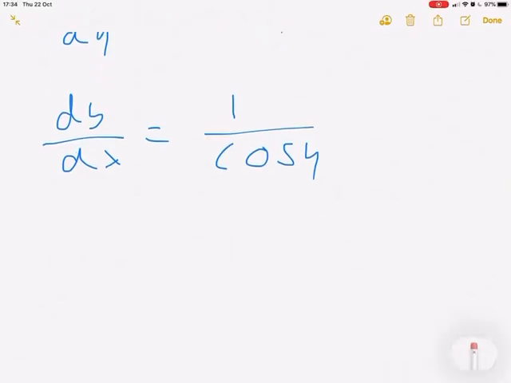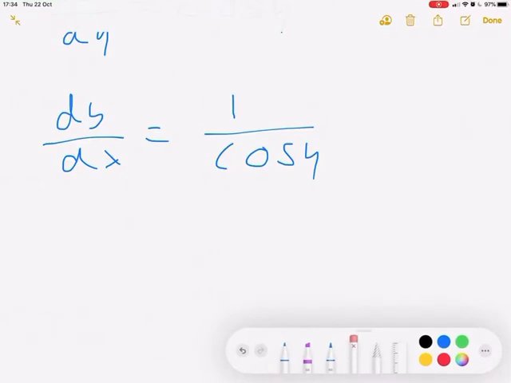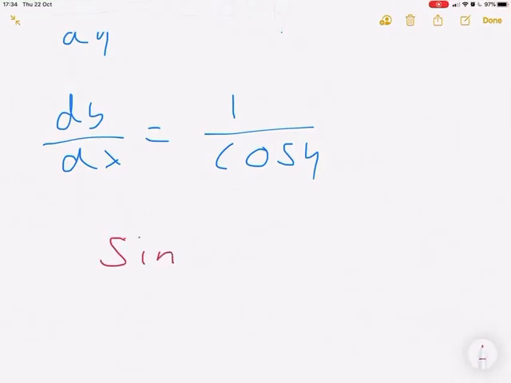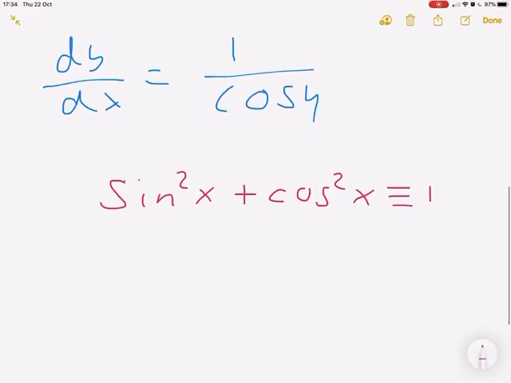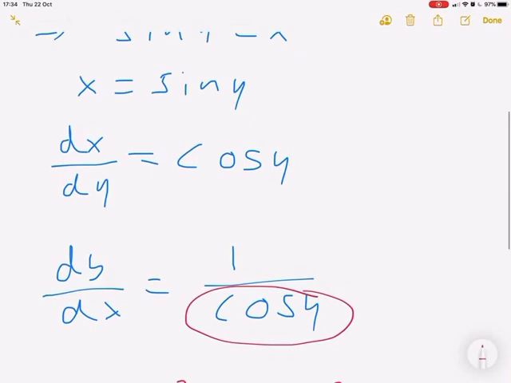Now, if you know this trig identity here, so this is very important now. So it's sine squared x plus cos squared x is just simply 1, okay? Now, what you want to do here is you want this guy here to be in a format to which you can work with something.